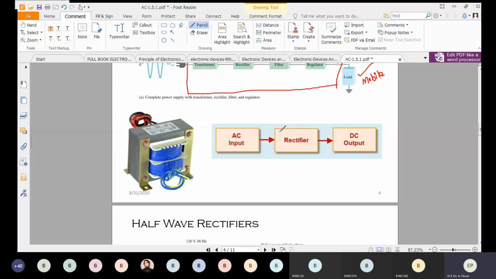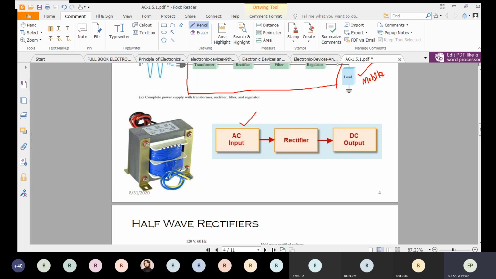If one black box, one component, one device converts AC input, which is a time varying signal, it may be sine or cos, or even a square wave, to DC, that device we call a rectifier. That is the definition of the rectifier: converting AC into DC is nothing but a rectifier.